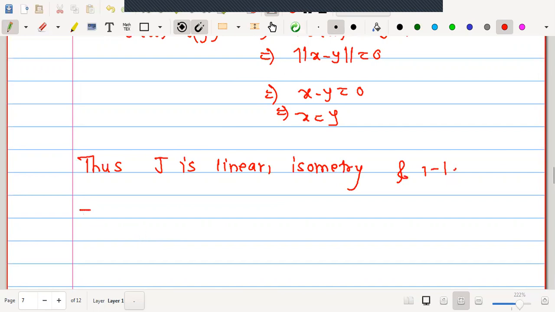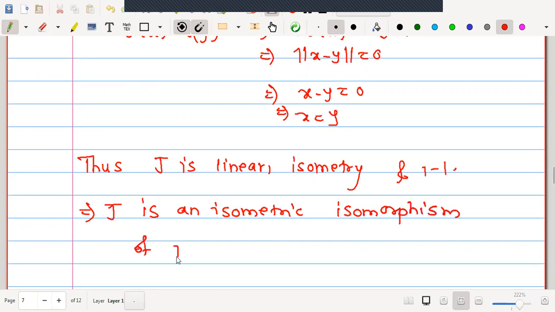What we have obtained is that J is an isometric isomorphism of N into N double star. Right? If this mapping was onto, then one can say that N is isometrically isomorphic to N double star, which gives you a reflexive space.